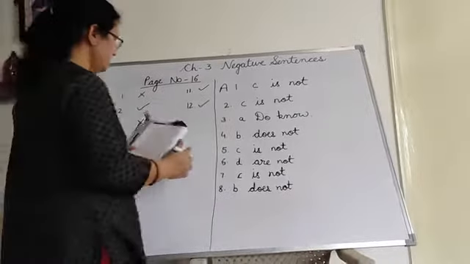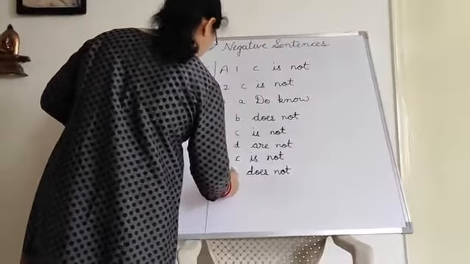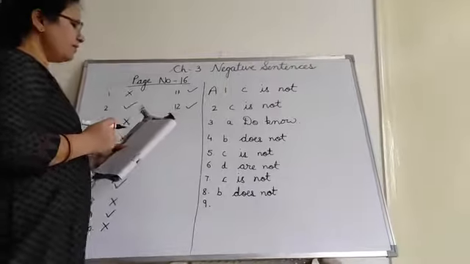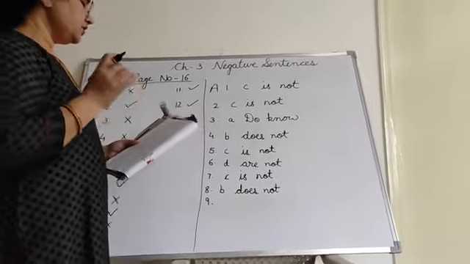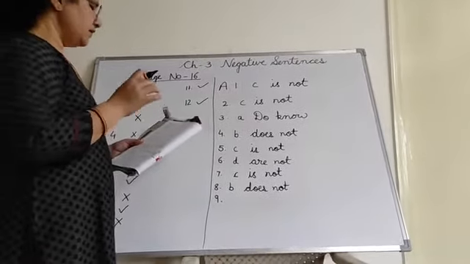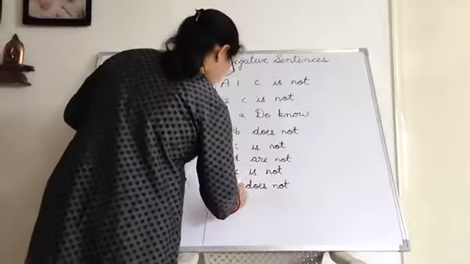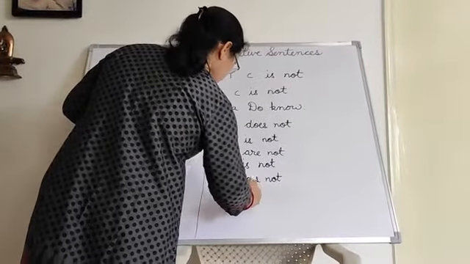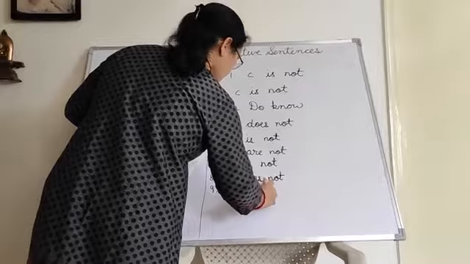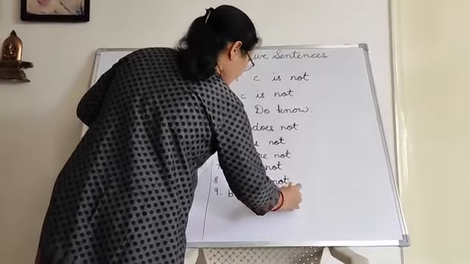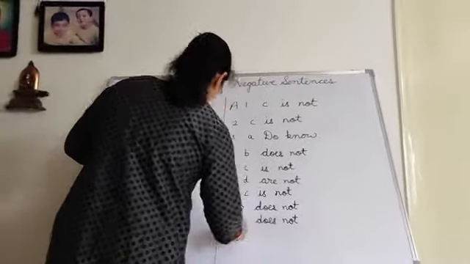Now turn to 9th number. Rebecca dash like sweets. Rebecca does not like sweets. B option, does not. Rebecca does not like sweets.